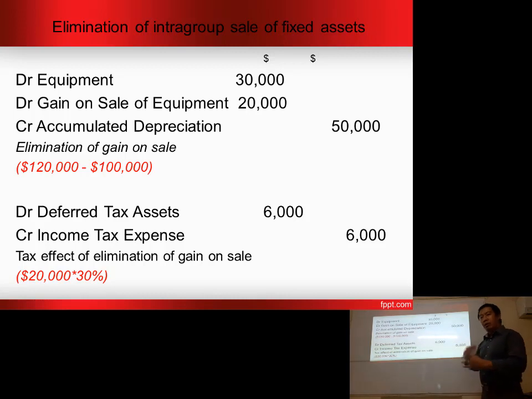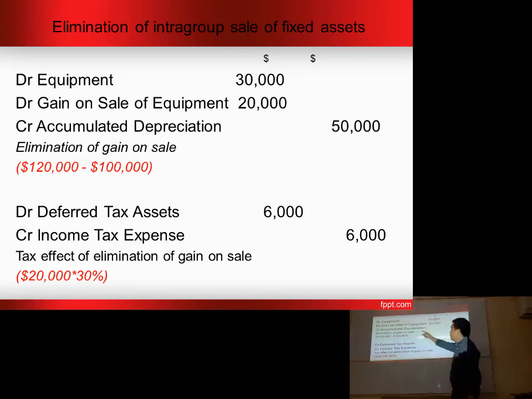You can track back to see the information, or to verify it, so that you will know where we got the $100,000. That is the carrying amount. So the gain should be eliminated, $20,000 here.